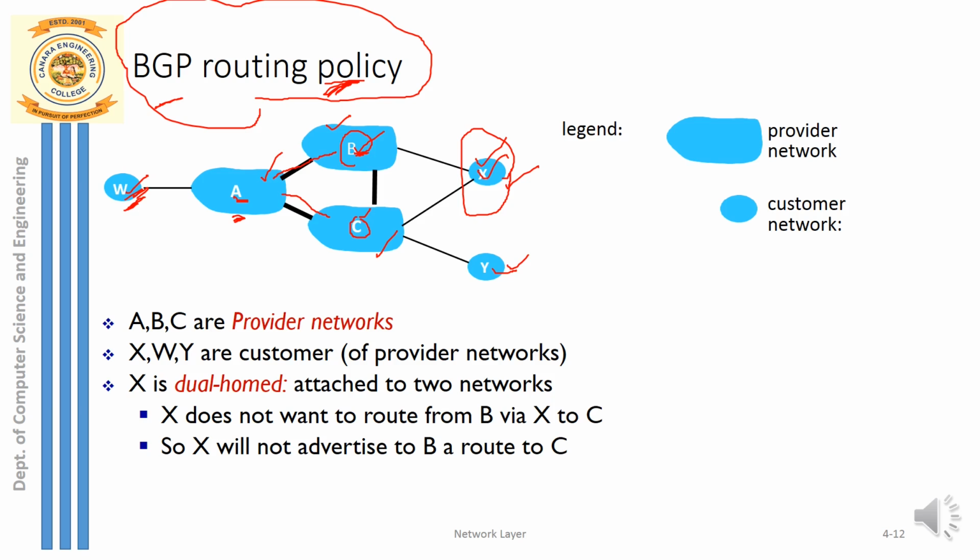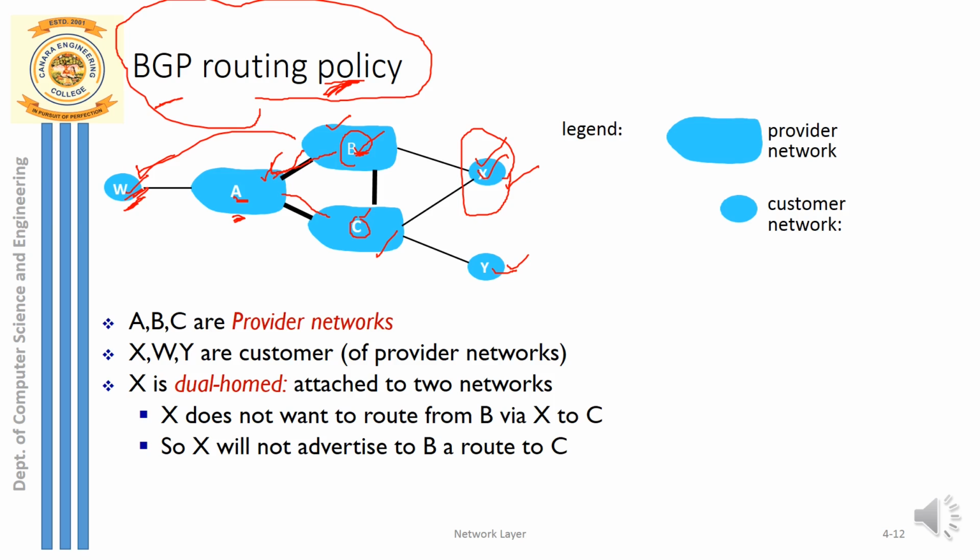Correct. So once this information is known to B, what will B be doing? Suppose B wants to send a packet to W. It will definitely send the packet first to A. Why? Because through A it came to know that W is reachable from A directly.